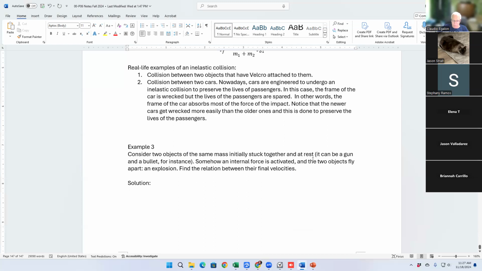It can be gunpowder, for instance, whose combustion is triggered. The two objects fly apart, an explosion.